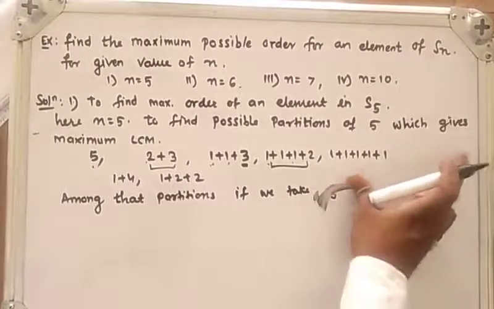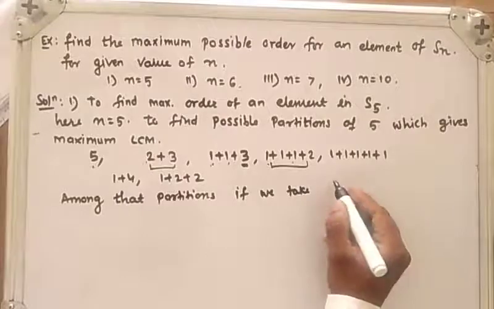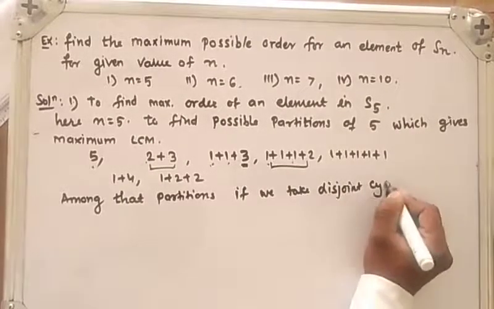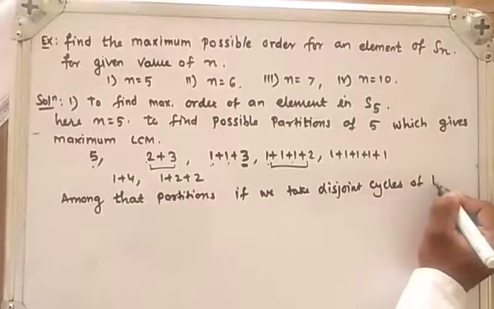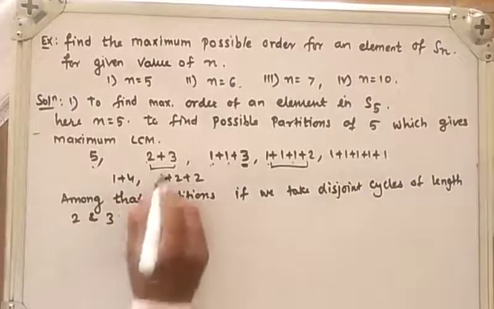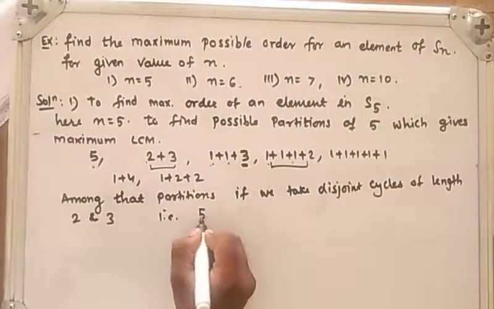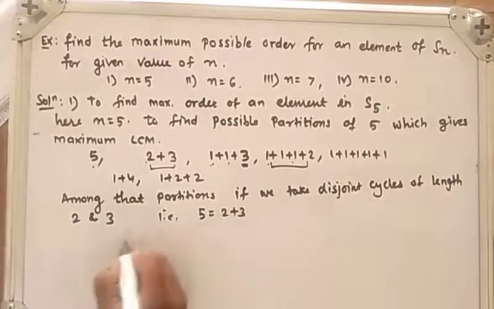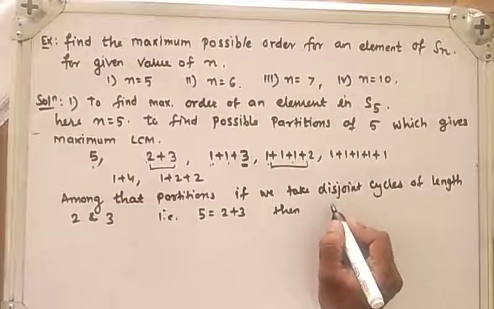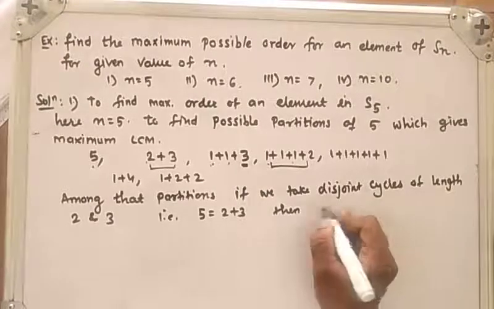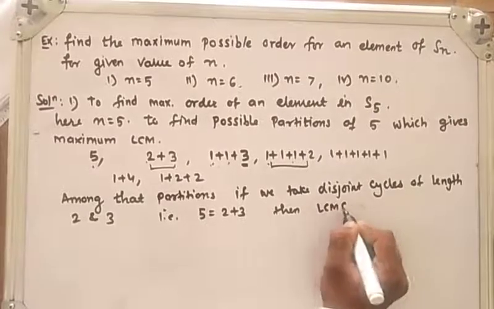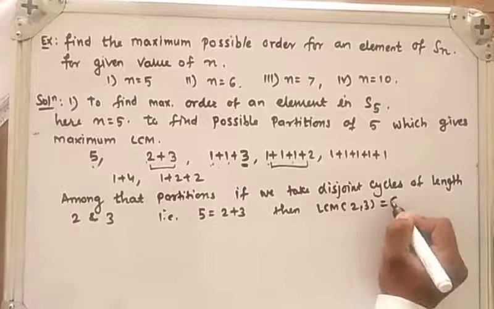So if we take disjoint cycles of length 2 and 3, that is 5 is 2 plus 3, then the order of that element is the LCM of 2 and 3, which is 6.